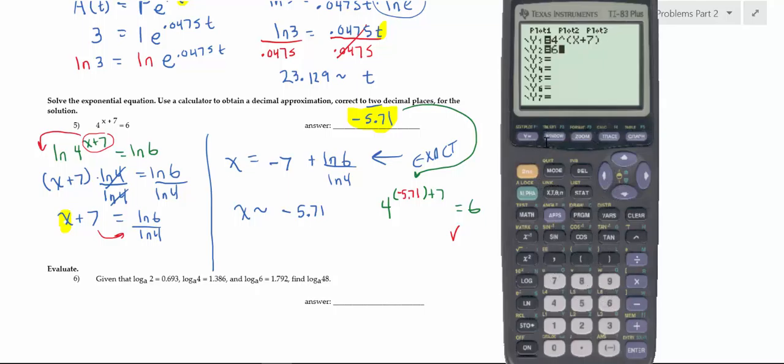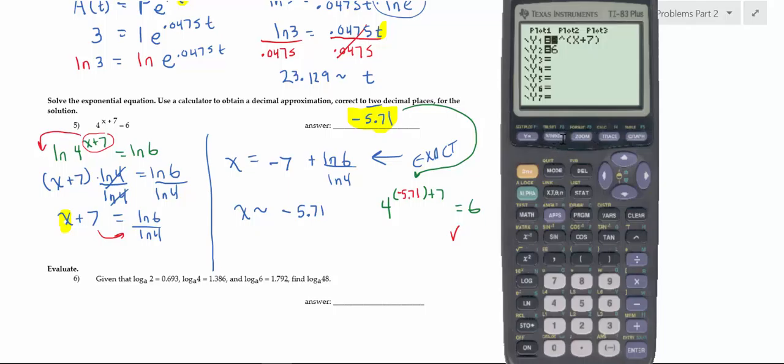I'm going to have to expand this window a little bit: 0 to 10, scale of 1, and make sure that max is bigger than 6, so let's go to something like 8 and graph that out. I may not have made that big enough. Okay, that's the 6. I got that in okay.